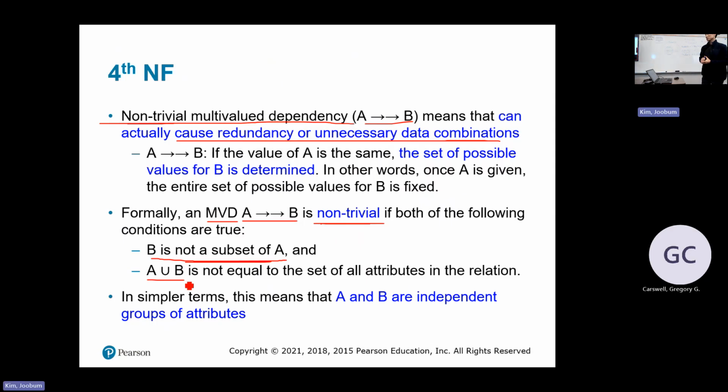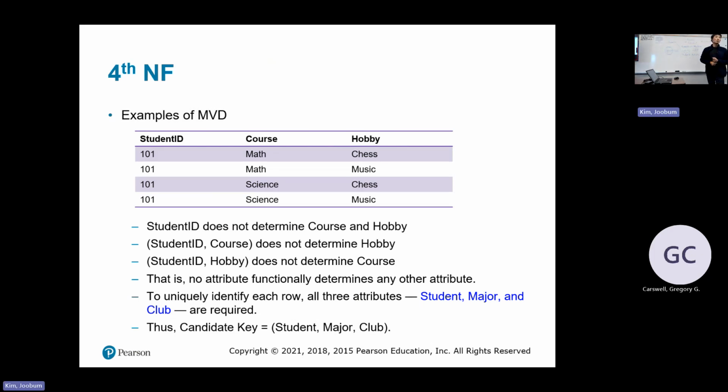Okay, so this definition is a little bit academic, so a little bit confusing to understand, but I'd like to have the example, the table. So think about this table: student ID, course, and hobby. Student ID 101 registers math and science, the multiple courses.